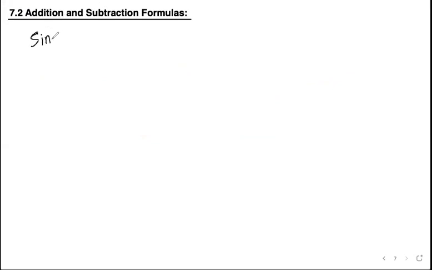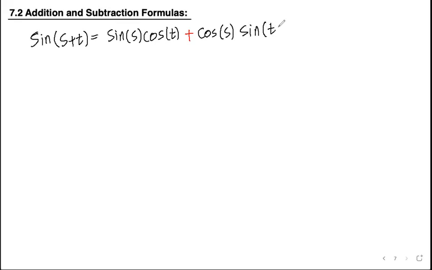So sine of s plus t is equal to sine of s cosine of t plus cosine of s sine of t. So sine cosine, cosine sine. This is for the sine.